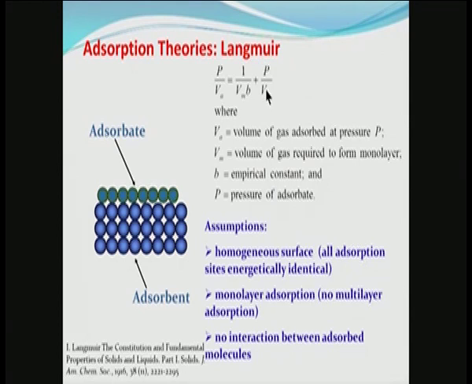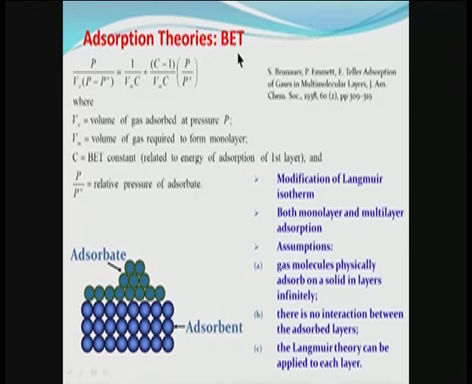But in reality, multiple layers are adsorbed, and therefore, what you get is the so called BET equation, Brunauer-Emmett-Teller equation, which takes into account the adsorption of many layers onto a solid surface. So, in this equation, VA is the volume of the gas adsorbed at pressure P, Vm is the volume of the gas required to form one monolayer.